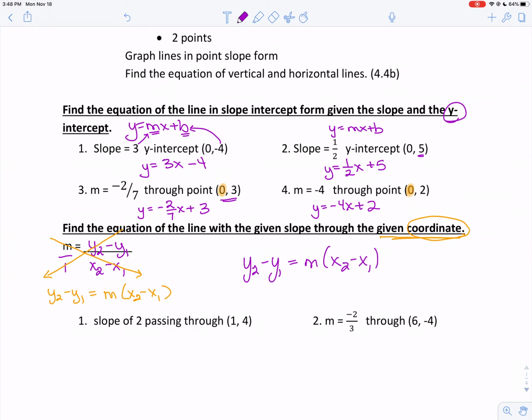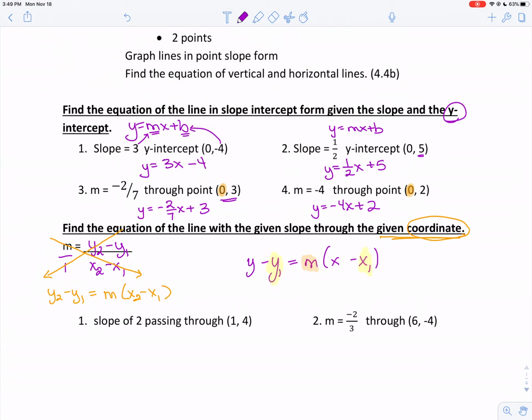But I only have 1 point. So I don't need the little 2 under there. I just need it to say y minus y1 equals slope times x minus x1, because I'm going to plug my slope in here, and then I'm going to plug my point in for x1 and y1.